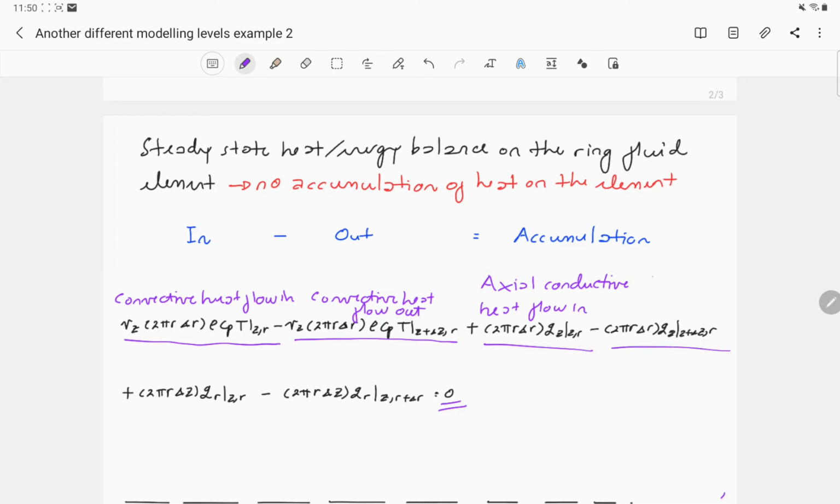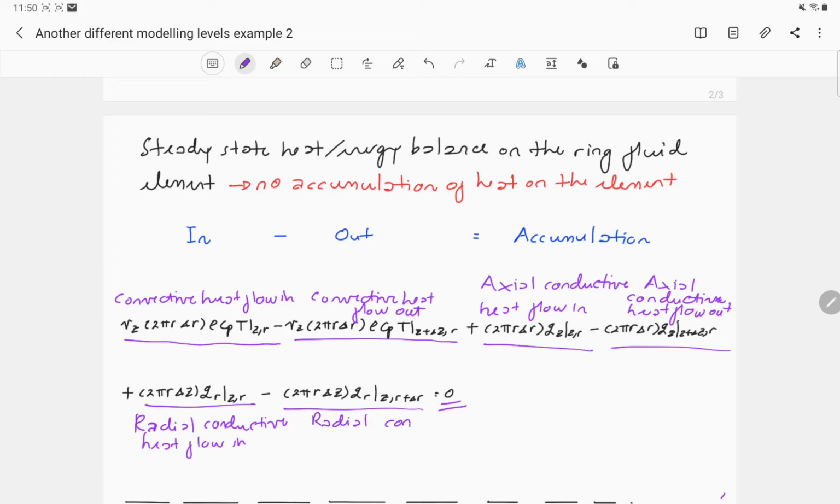And then for this term we have axial conductive heat flow out. Okay, and then this term here refers to the radial conductive heat flow in. This term here refers to the radial conductive heat flow out.